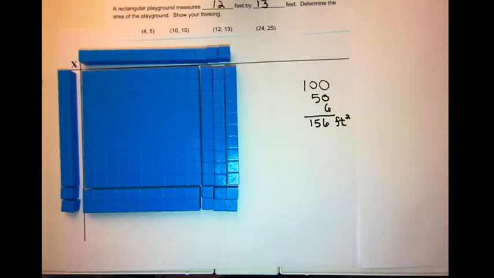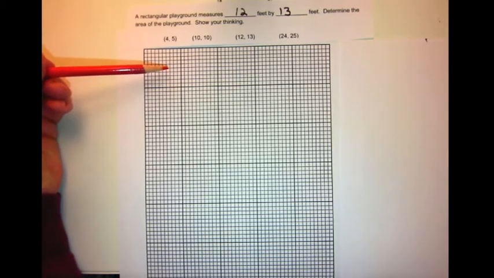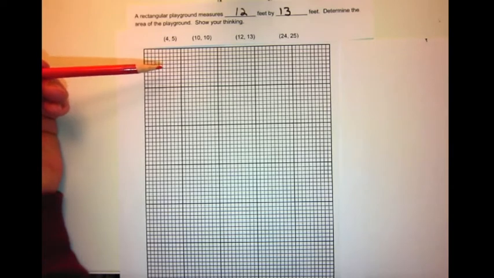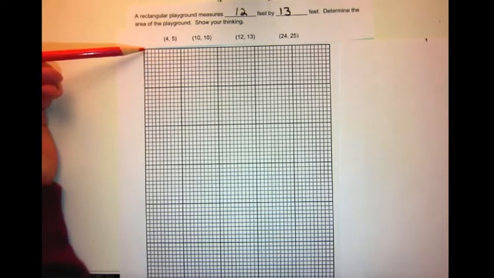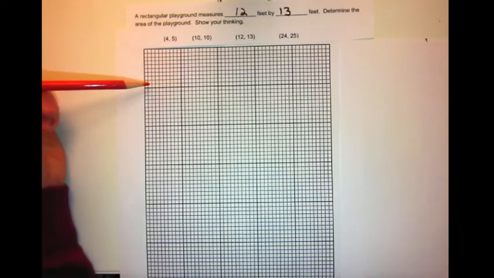So now, let's look at this from the semi-concrete point of view. So now, in the semi-concrete, we'll start out with using gridded paper to help us. This base 10 grid paper. And the way it's set up is that you have a 10 by 10, like your base 10 materials.